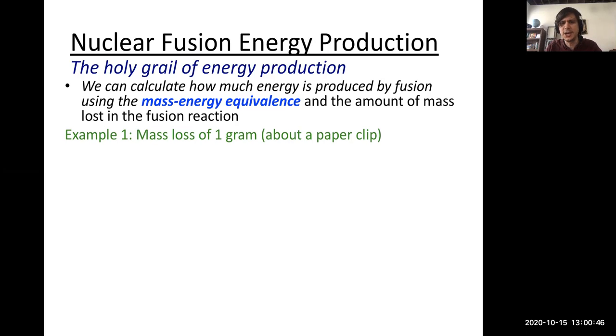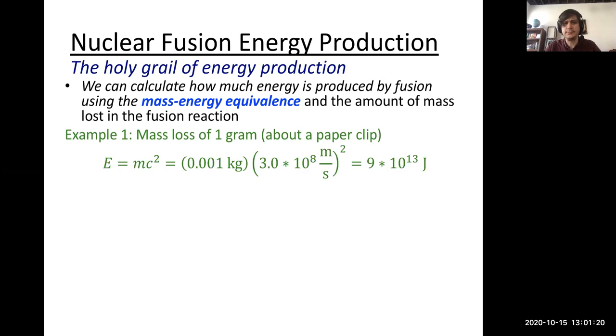Let's take advantage of E equals mc squared. So we can calculate how much energy is produced by fusion by looking at how much mass is lost, really how much mass got converted to energy. So let's go ahead and apply that. Let's assume that we have a paper clip right here, with a mass of about 1 gram. If we were to convert this paper clip's mass to energy, how much energy is stored in this paper clip?